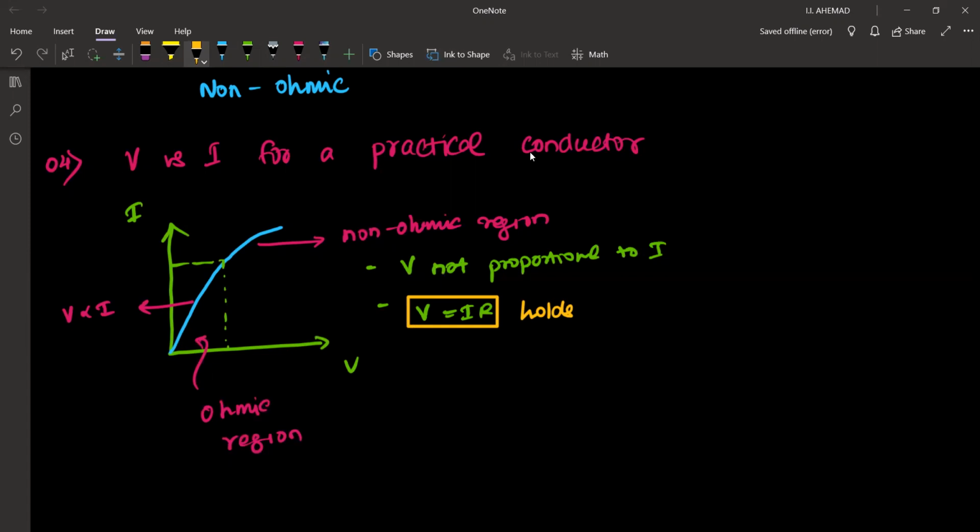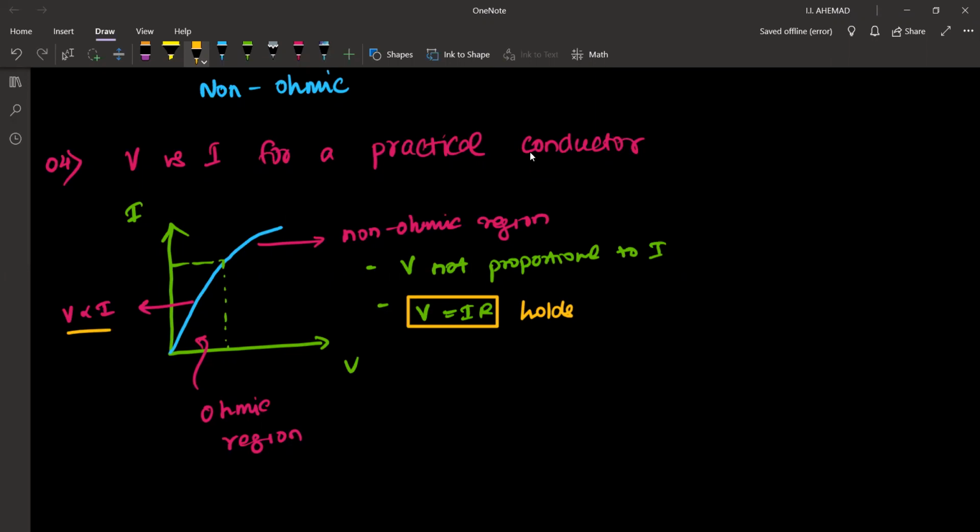So don't confuse between Ohm's law and V equal IR. Ohm's law is V proportional to I. This equation you can use in the ohmic region as well as the non-ohmic region. But in the non-ohmic region, when V changes, I changes, R changes, the resistance changes. But in the ohmic region, resistance is constant.